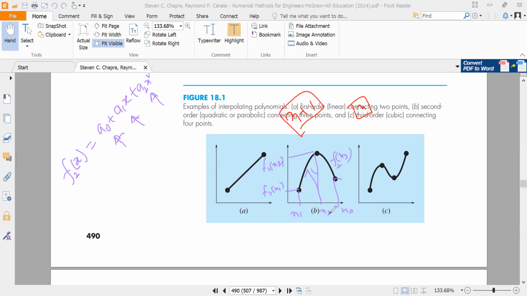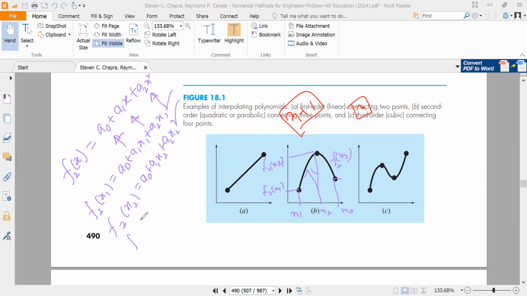Then we can put these function values here to obtain the three equations. One equation will be f2(x1) equals a0 plus a1 x1 plus a2 x1 square. Your second equation will be f2(x2) equals a0 plus a1 x2 plus a2 x2 square.